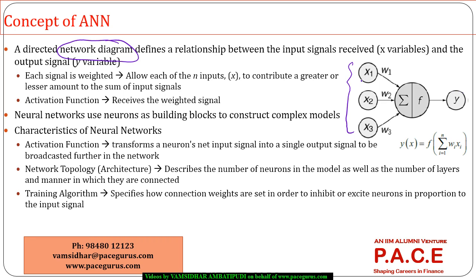So we have several input variables in this diagram. I have three input variables x1, x2, x3, and I have an output variable y. When I'm talking about a network diagram, I'm trying to build a relationship between x1, x2, x3, which are the input variables, and an output variable, which is y.